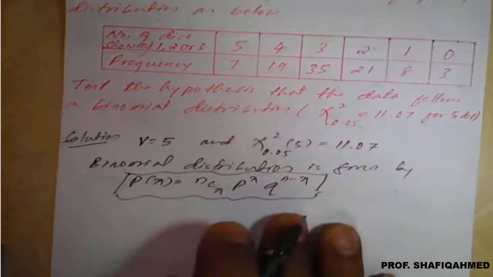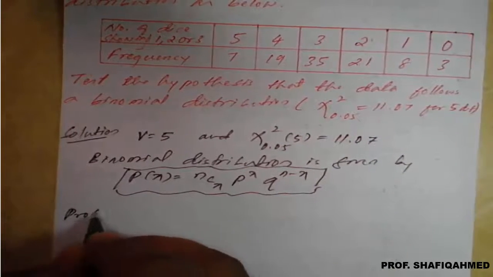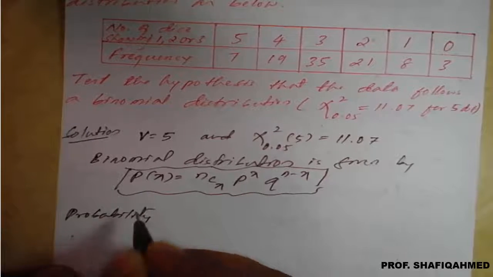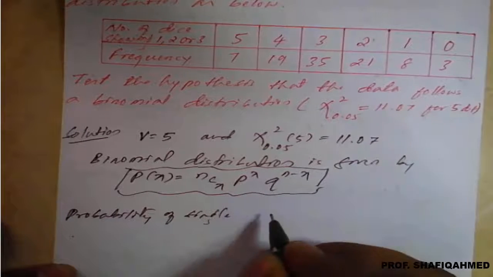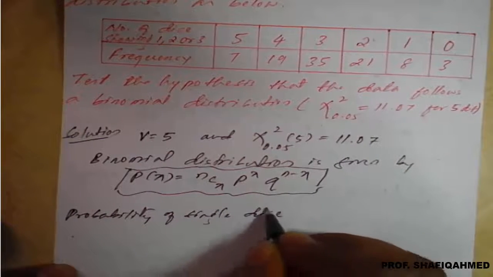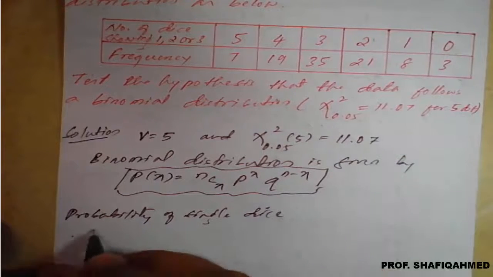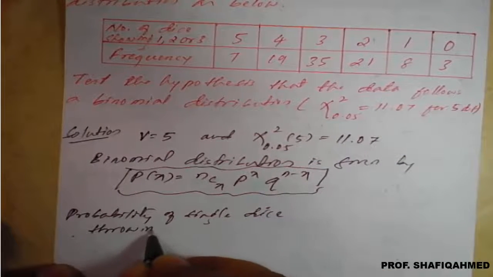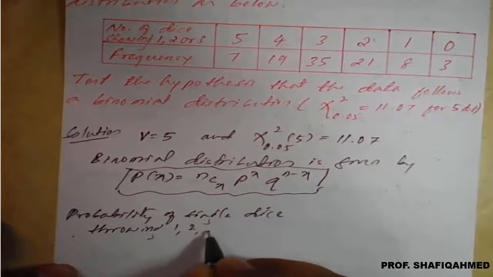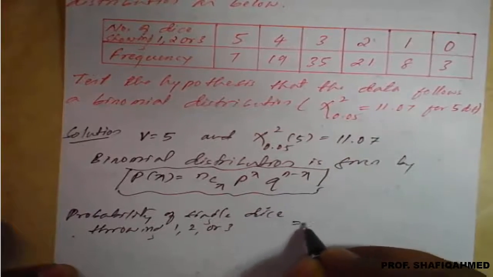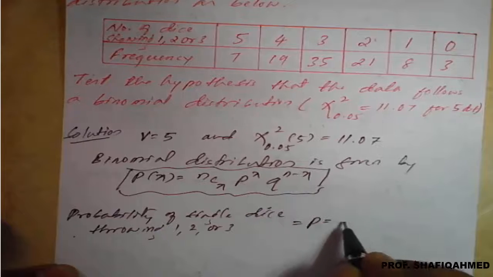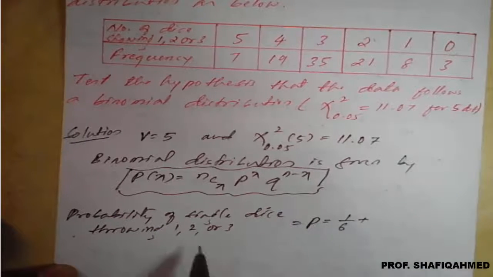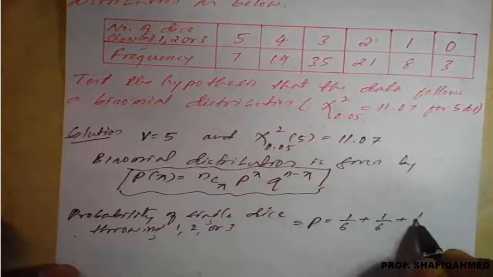The probability of a single die throwing 1 or 2 or 3 is given by p equal to 1 by 6 plus 1 by 6 plus 1 by 6, since 1, 2 and 3 each come with probability 1 by 6.